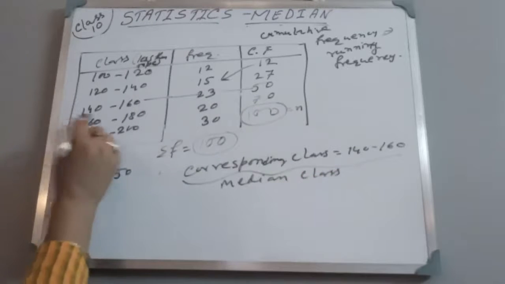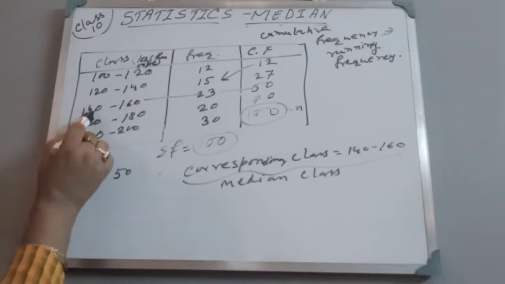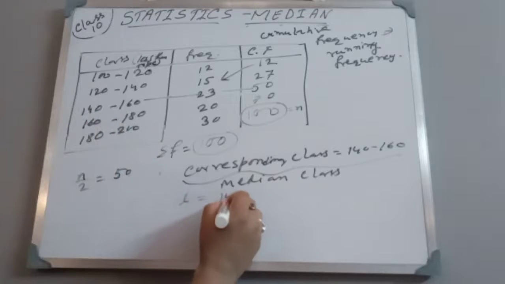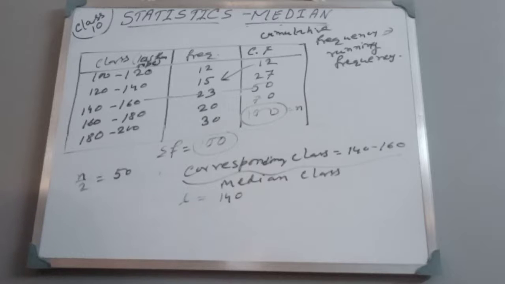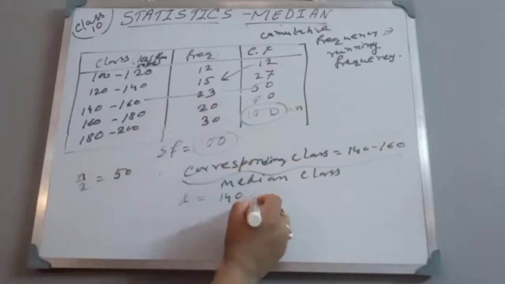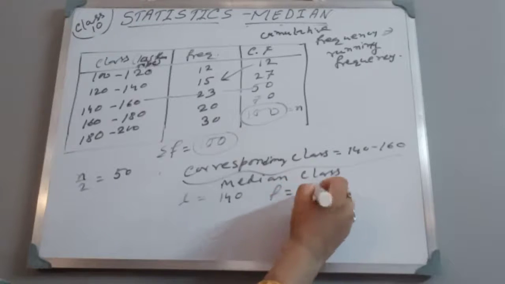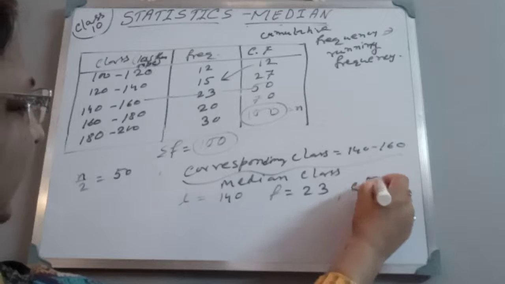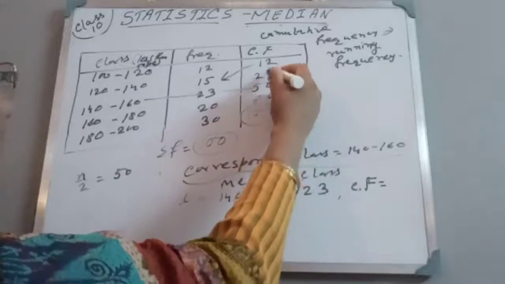So when this is the median class, we know 140 is the lower limit and 160 is the upper limit. So L is equal to 140. And what is the frequency of this class? Frequency of this class is 23. And we will consider cumulative frequency, that is CF, the one just preceding the class.